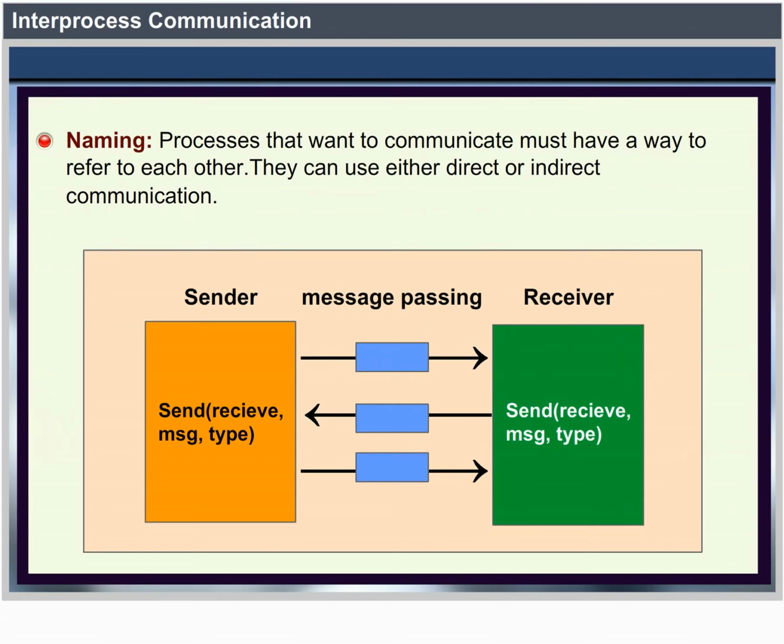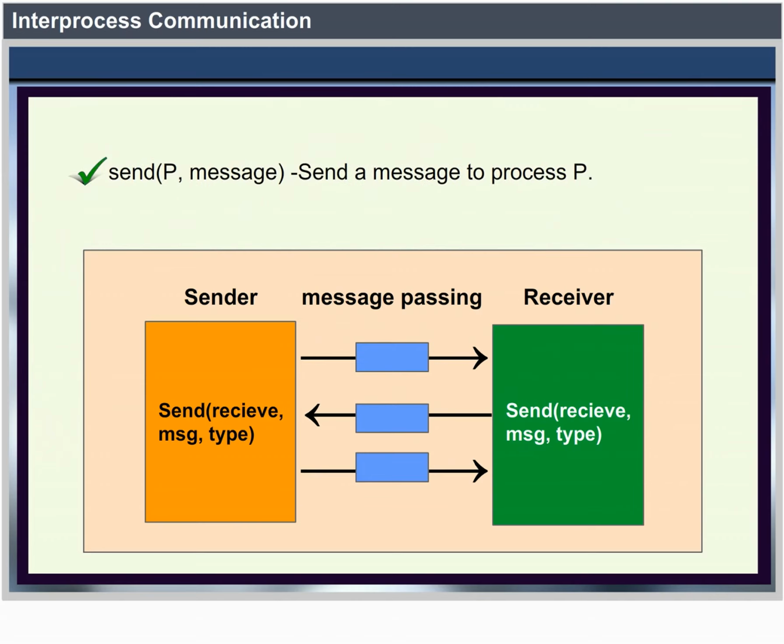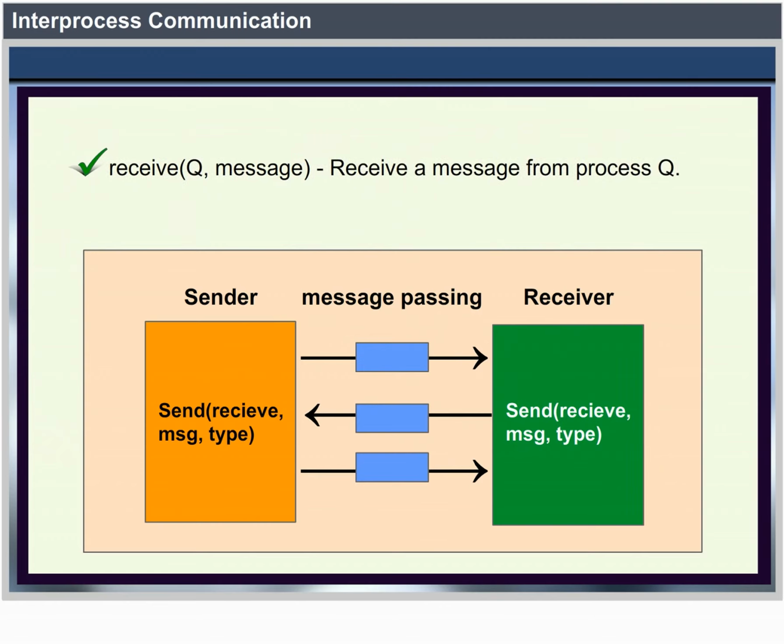Under direct communication, each process that wants to communicate must explicitly name the recipient or sender of the communication. In this scheme, the send and receive primitives are defined as: send(P, message), send a message to process P; receive(Q, message), receive a message from process Q.